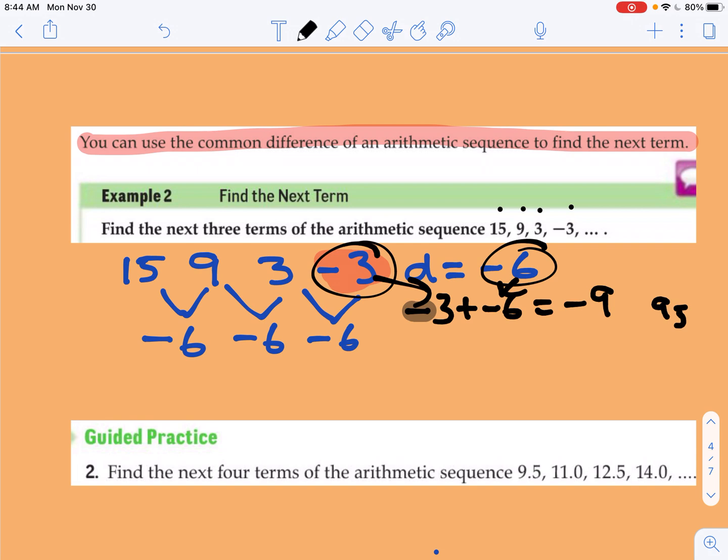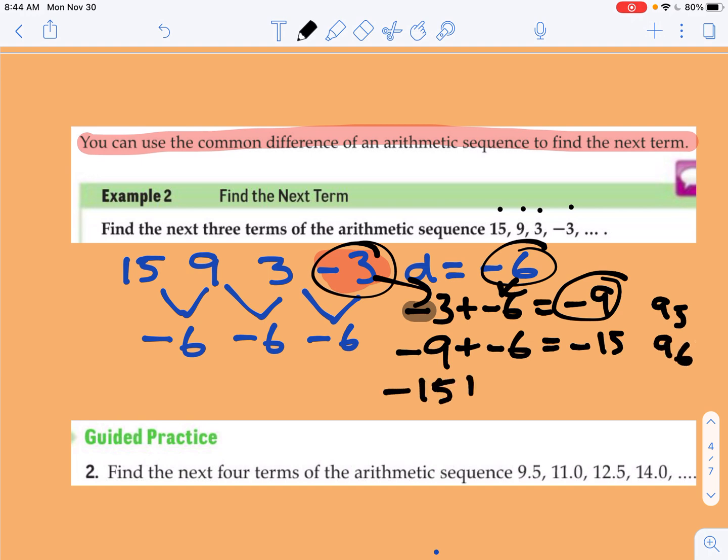And then to find your 6th term, you go negative 9 plus negative 6. So you start with your term, and then you just keep going forward with it. Add another negative 6 to it, because that's your common difference. And then for your last term, we'll take negative 15 and add another negative 6 to it. You get negative 21.